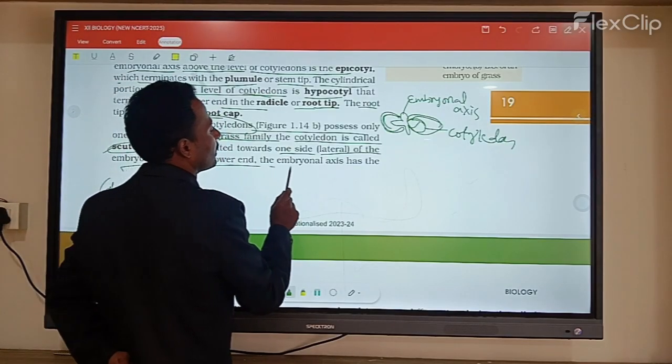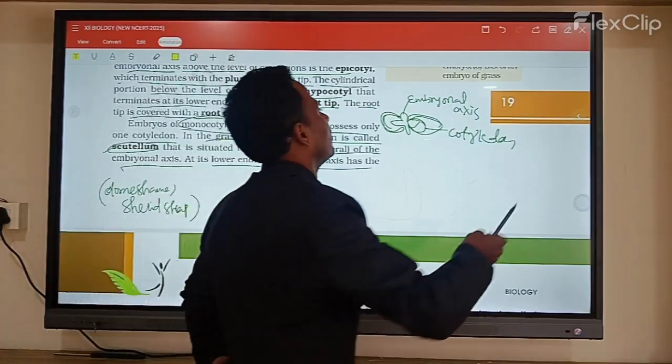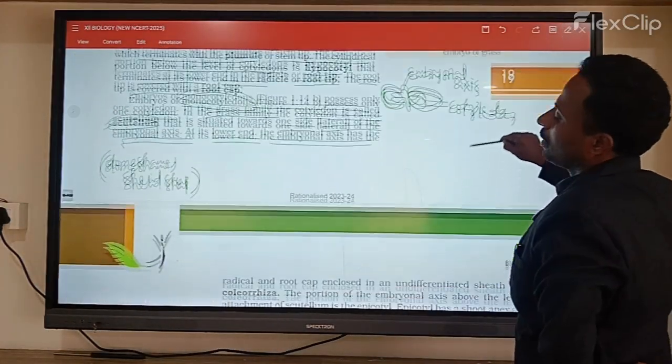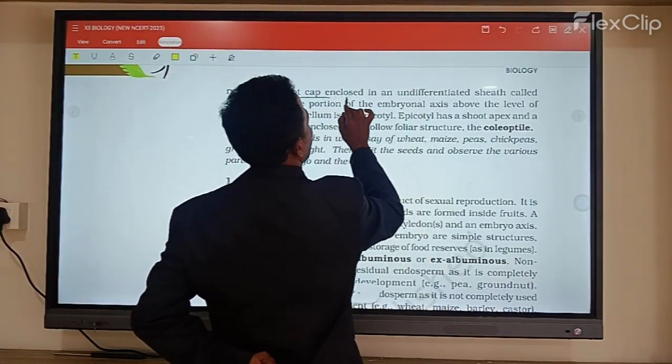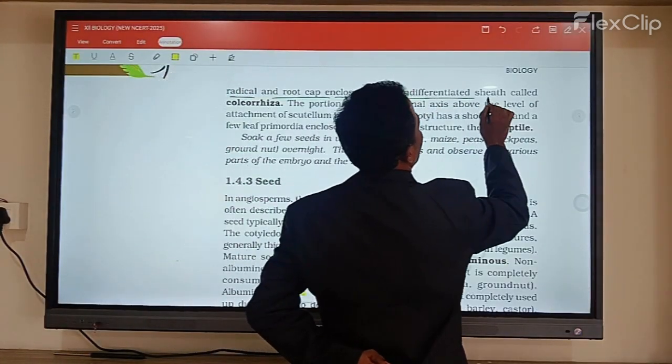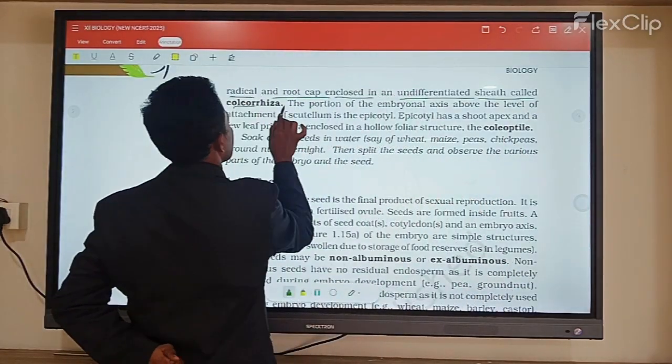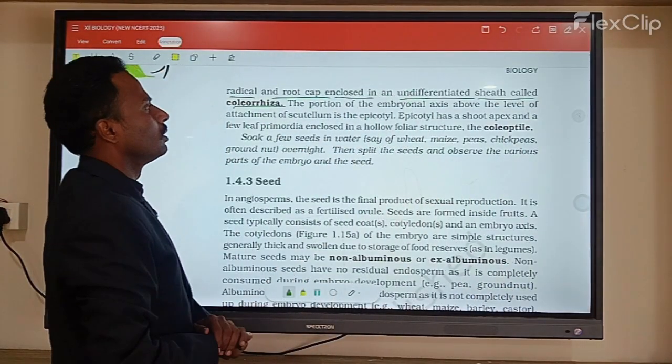At its lower end, the embryonal axis has the radicle and the root cap enclosed in an undifferentiated sheath called the coleorhiza. That is called what? Coleorhiza.